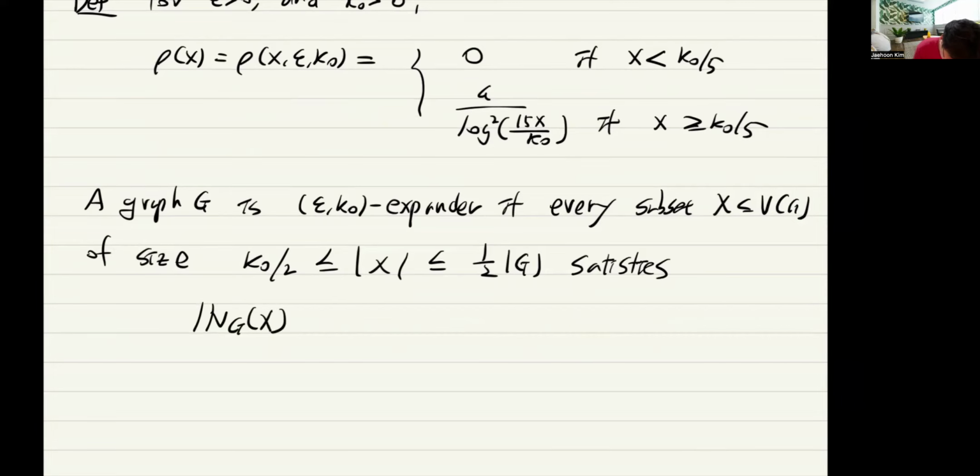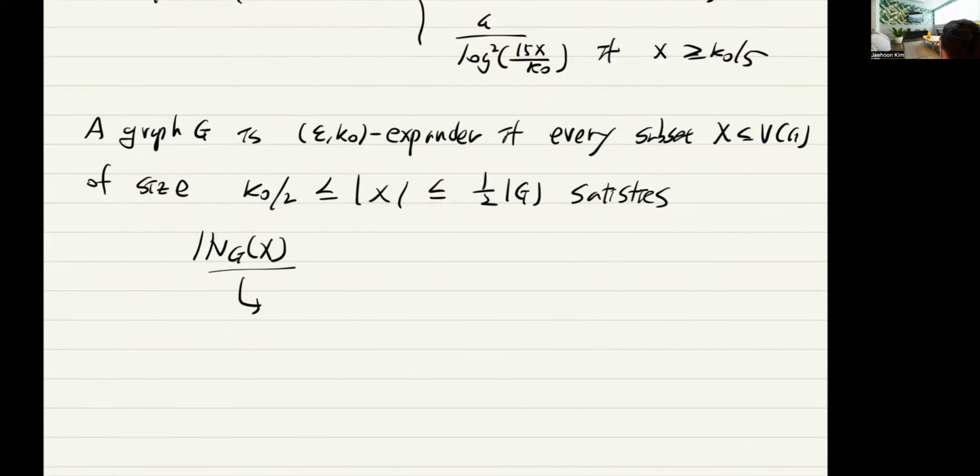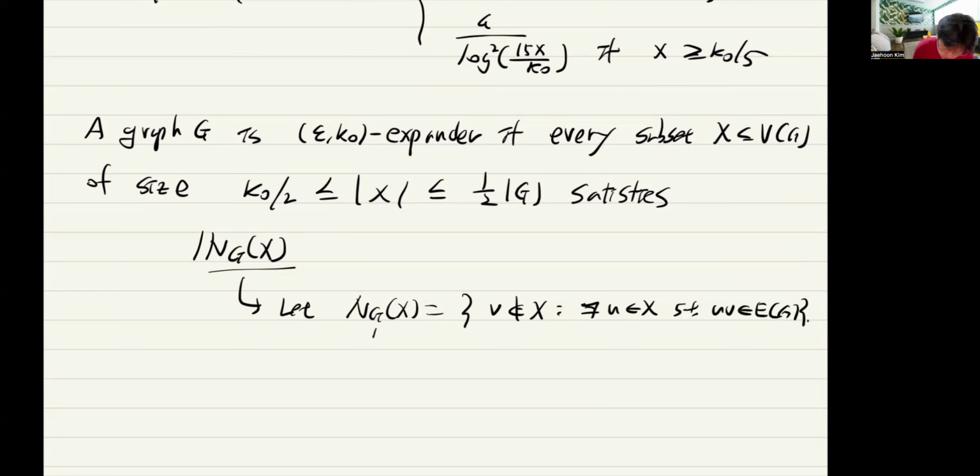Let's write this as the external neighborhood, with the vertices not in X, that has there is this u in X such that uv is in S. So let's say this is the external neighborhood. And this external neighborhood is at least rho of size of X times X.